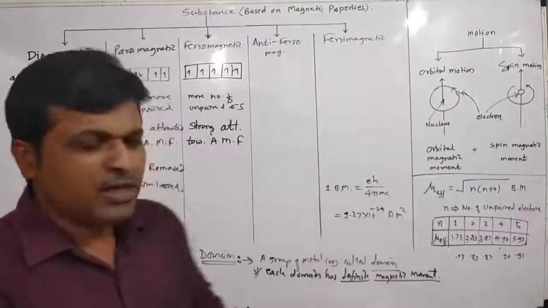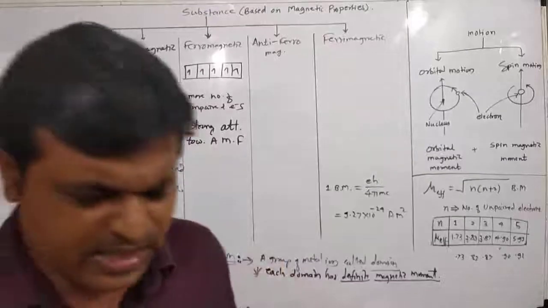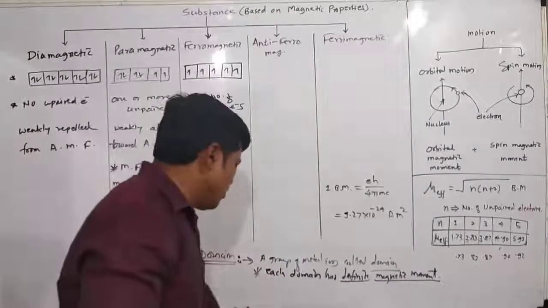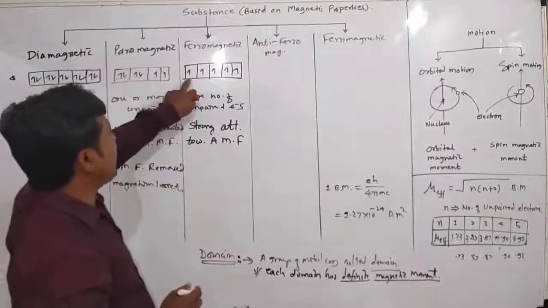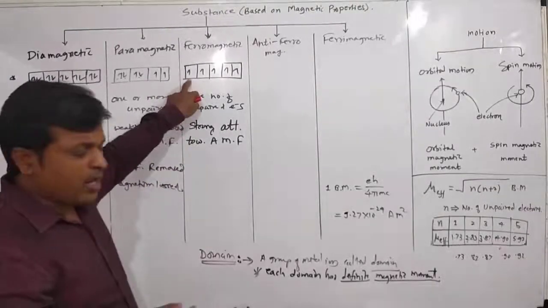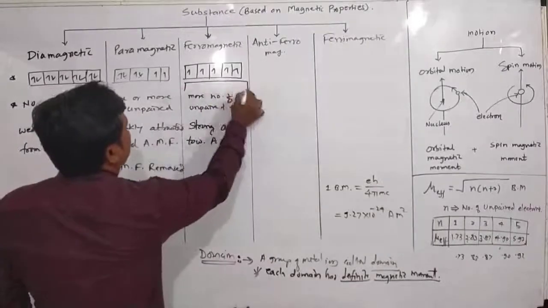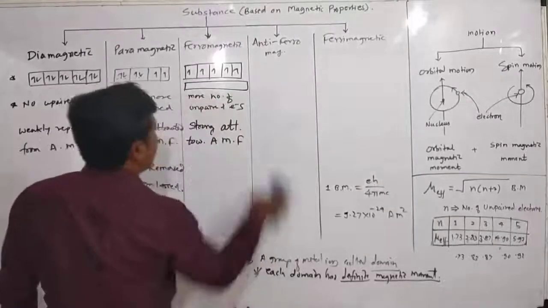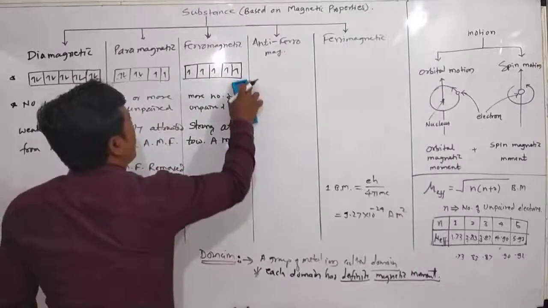There are a large number of domains in a single crystal. So instead of taking electrons, now we are taking domains.